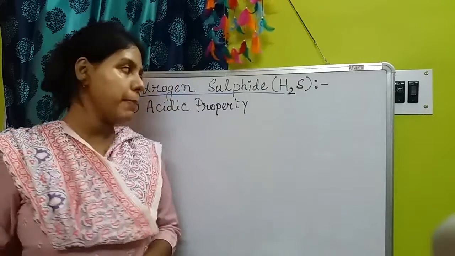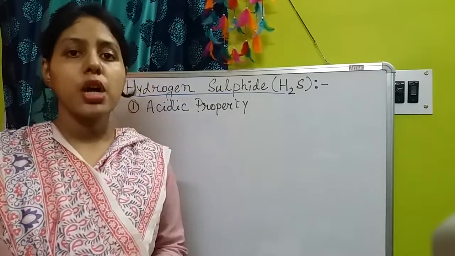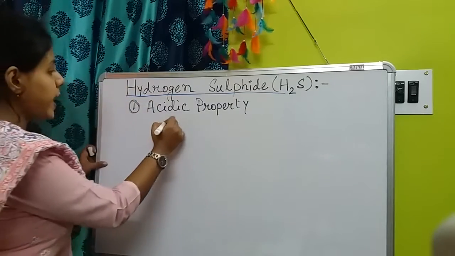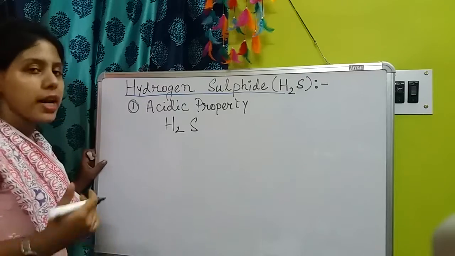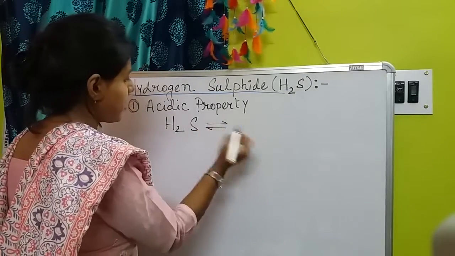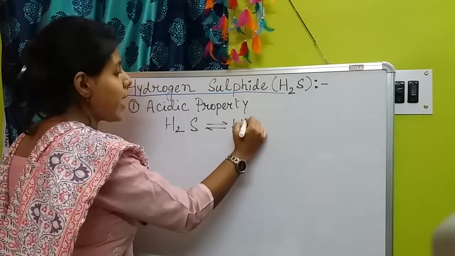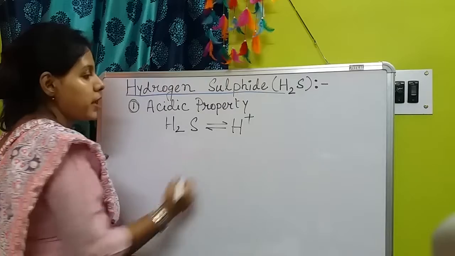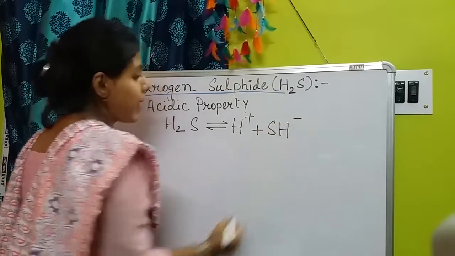Whenever H2S is in its aqueous solution, it will dissociate to form H plus ions. By this nature, H2S will decompose to form two ions. First, it is H plus, another one SH minus.